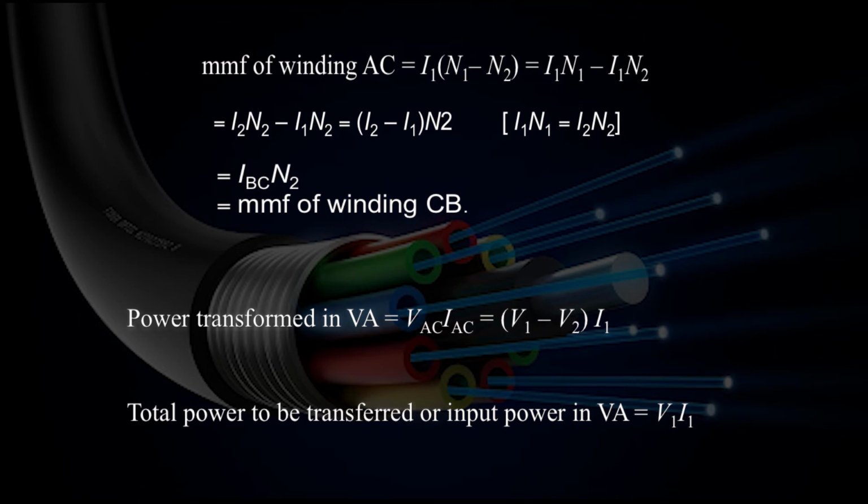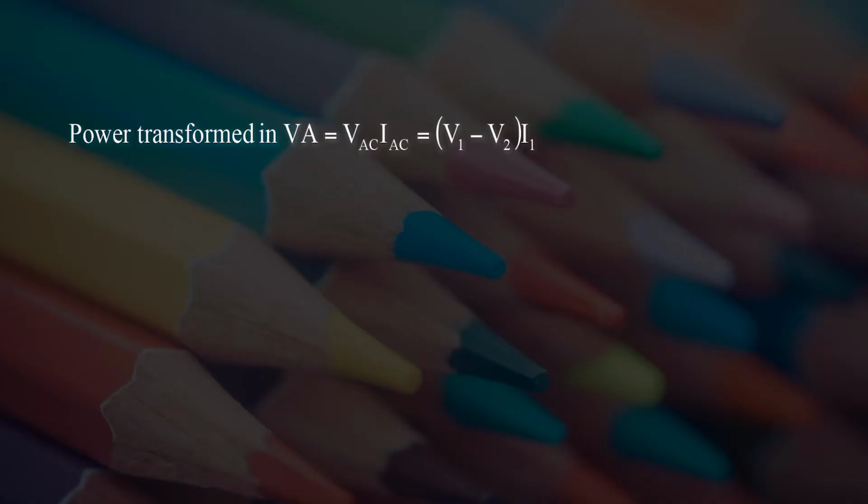It is V1 minus V2, and this IAC is what? It is I1. So, total power to be transferred or input power in VA is equal to what? V1 into I1. So, power transformed in VA is equal to what? VAC into IAC is equal to V1 minus V2 into I1. So, total power to be transformed or input power in VA can be written as V1 into I1.